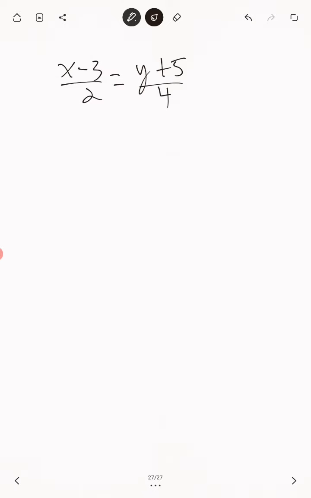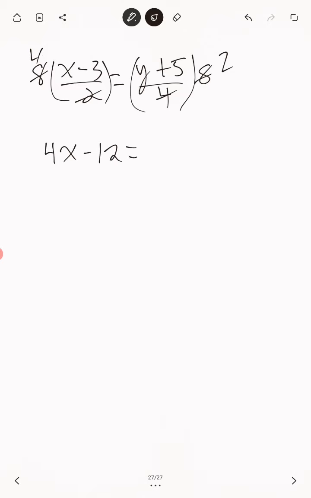To get rid of the fractions in one step, I'm going to multiply by the common denominator, which is 8, on both sides of the equation. And I will reduce the denominators to get rid of them. And then I'll distribute on both sides of the equation. So it's going to be 4x minus 12 equals 2y plus 10.